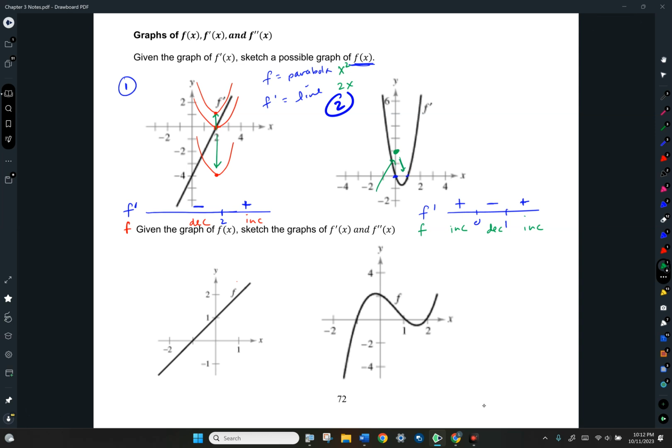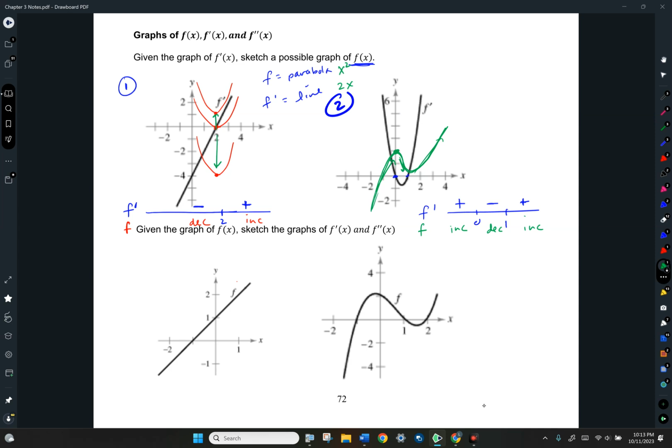And then at 1, I turn and I'm increasing again. So maybe a rough sketch might be something like that. Again, it might be vertically translated from there, but does it make sense that if the derivative is a parabola, the original might look kind of like a cubic? Hopefully that fits.